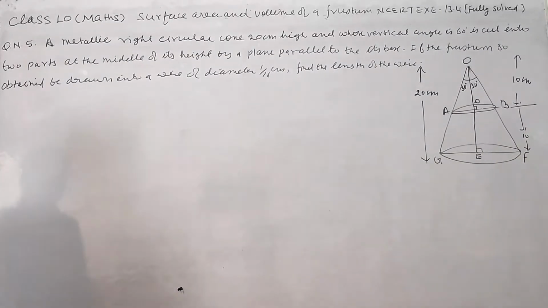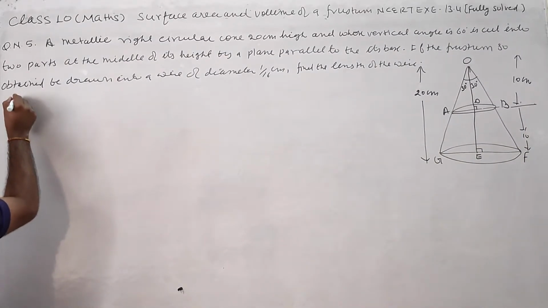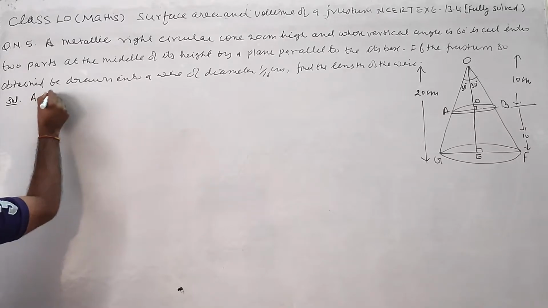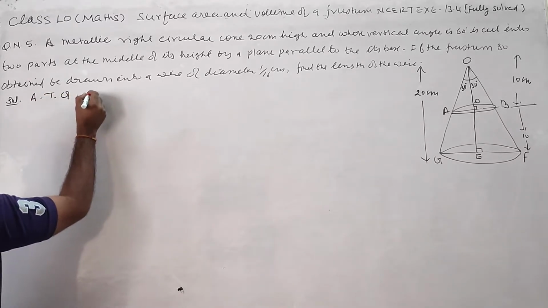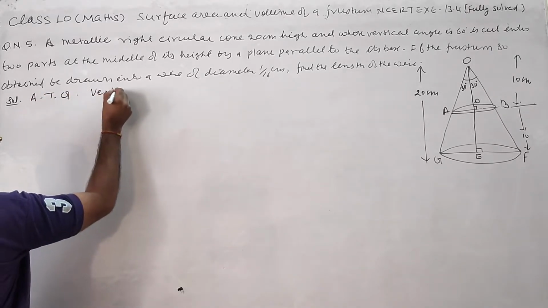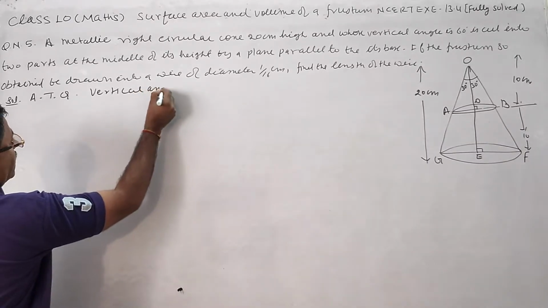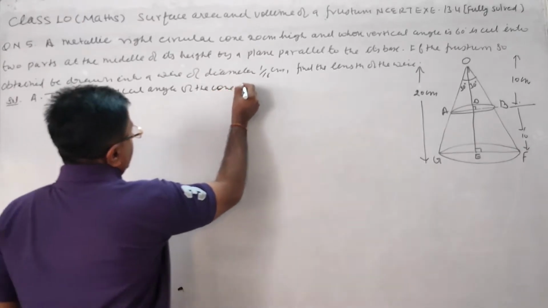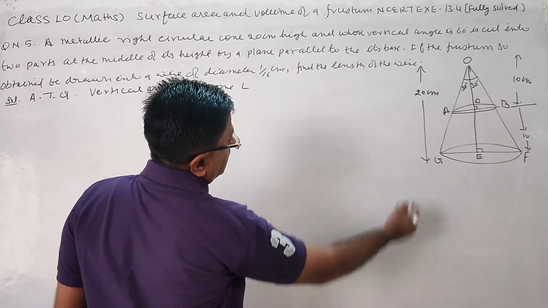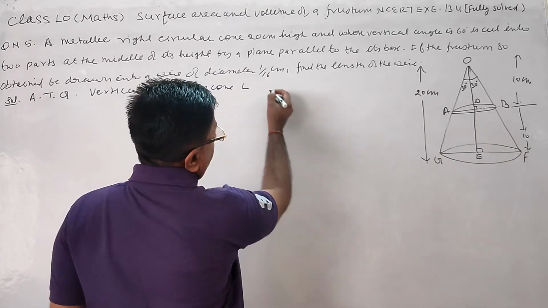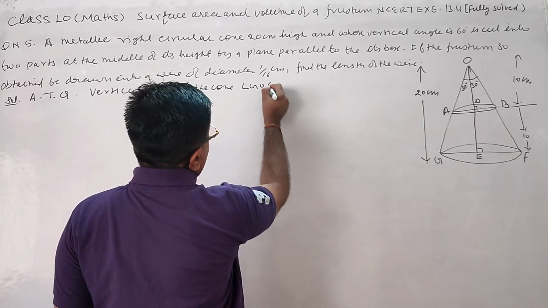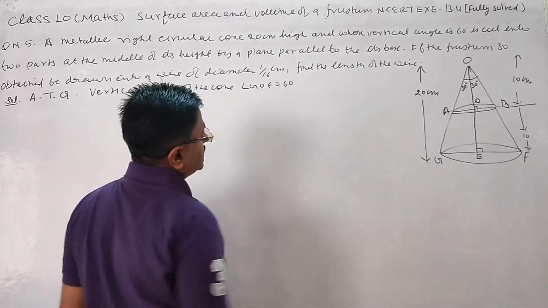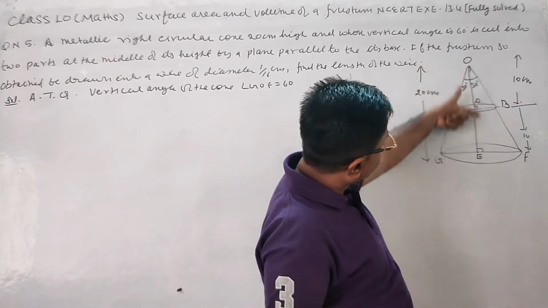So you can write here in the solution: according to the question, the vertical angle of the cone, angle GOF, is equal to 60. Now we are drawing this altitude.